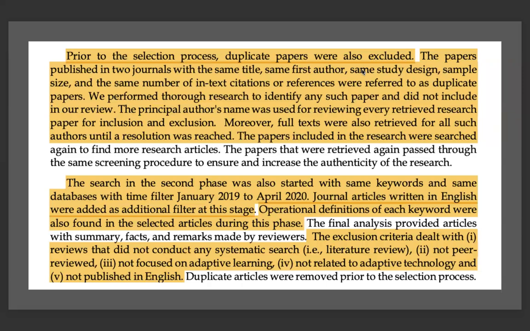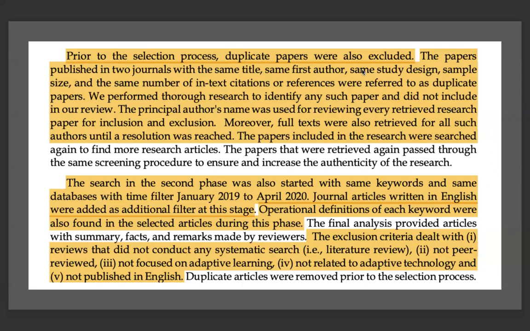We performed a thorough search to identify any such paper and did not include it in our review. The principal author's name was used for reviewing every retrieved research paper for inclusion and exclusion. Moreover, full texts were also retrieved from all such authors until a resolution was reached.